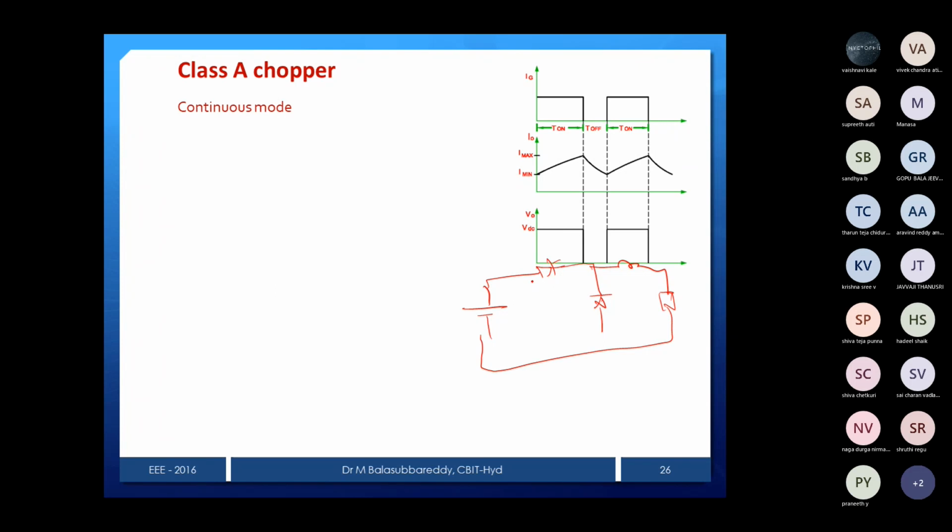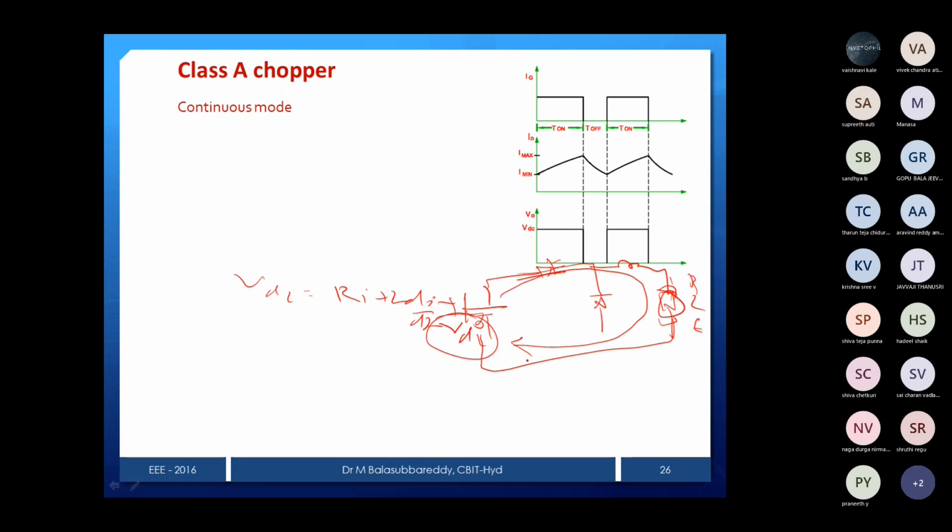When the chopper is on, this is VDC and current flows like this. Consider the load is a motor, so there are R, L, E, all of them. Then VDC is equal to Ri plus L dI by dt plus back EMF. That is the voltage equation when the chopper is on.